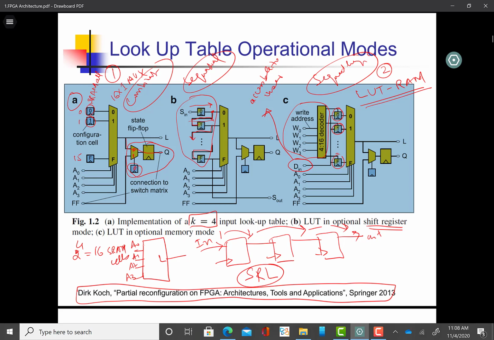Similarly, if you want to modify location number 15, you just need W0, W1, W2, W3 to be 1, 1, 1, 1. And you can apply the value on DN, and it will be modified. So this is how the lookup table can be used in memory mode. These are very interesting and very important 3 modes in which a lookup table can be used. These are called operational modes. I hope that it will be clear to you.